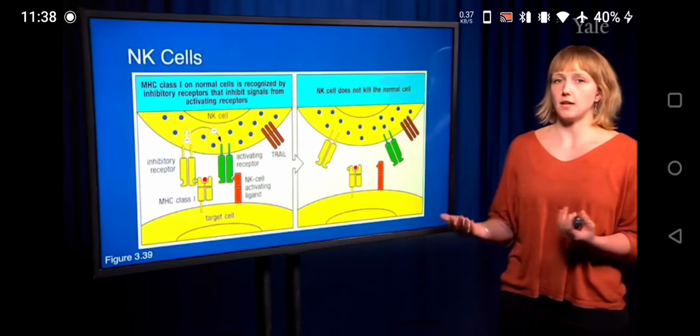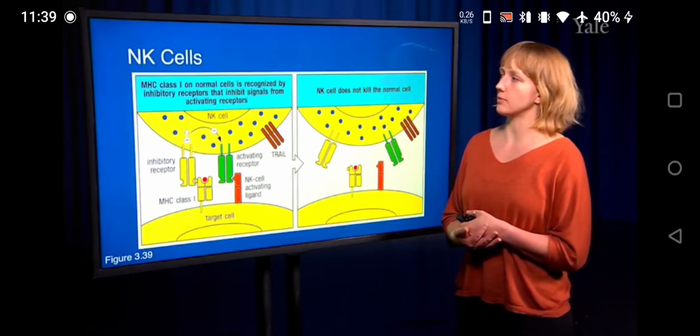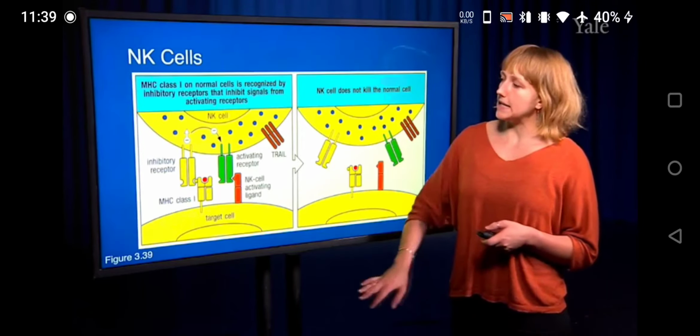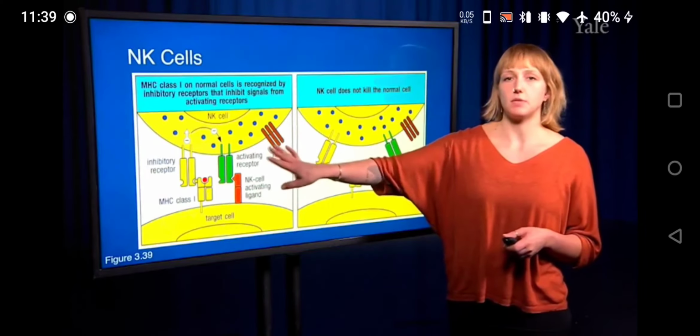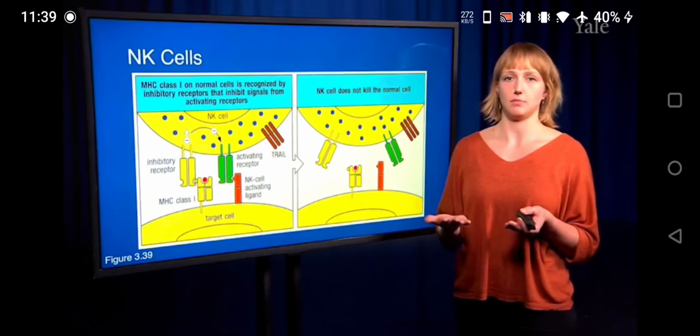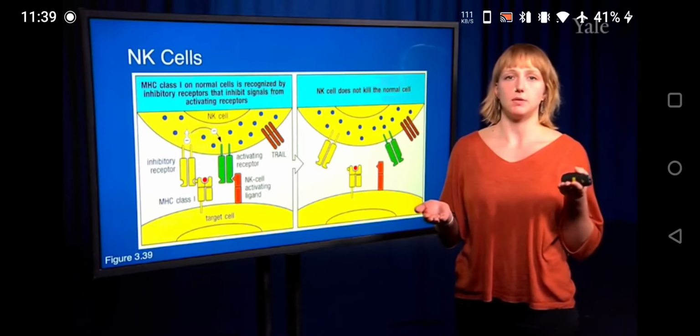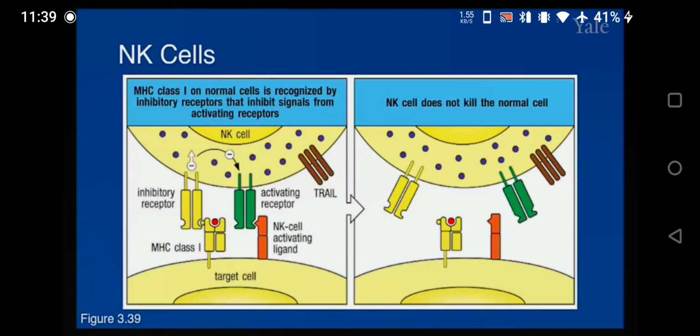So to understand how that can activate an NK cell, let's go through what happens in a normal situation. So NK cells have a variety of different receptors on their surface, including inhibitory receptors and activating receptors. NK cell activation depends on this balance between the inhibitory and activating signals. The major ligand for NK cell inhibitory receptors are MHC class I molecules.